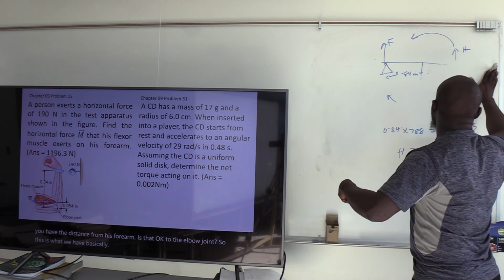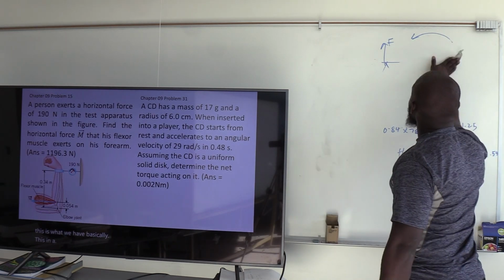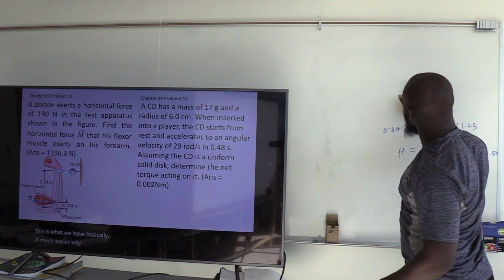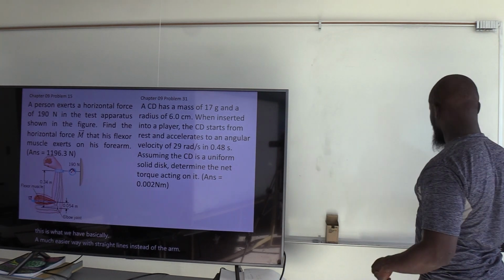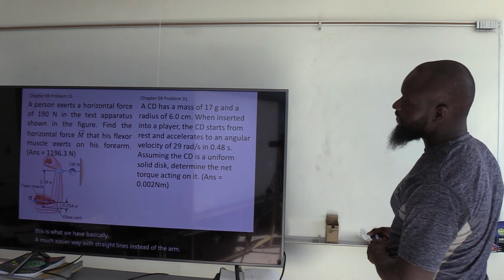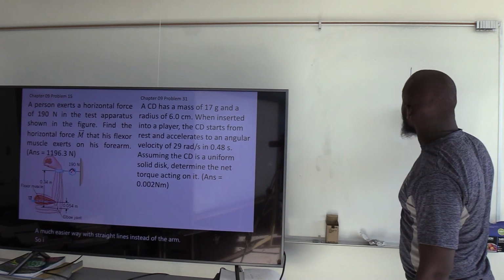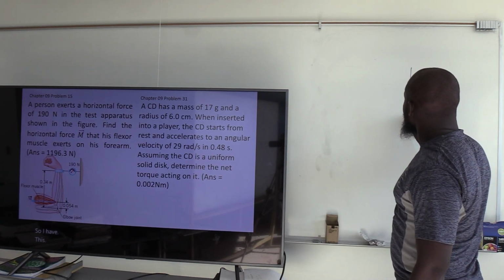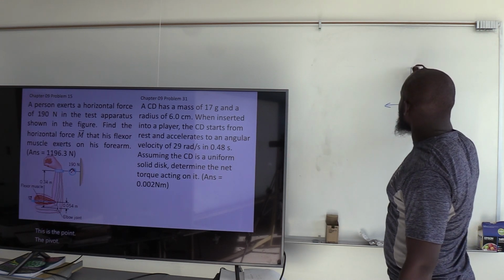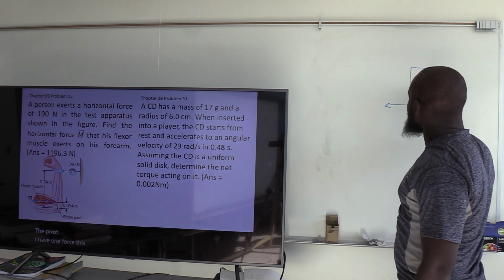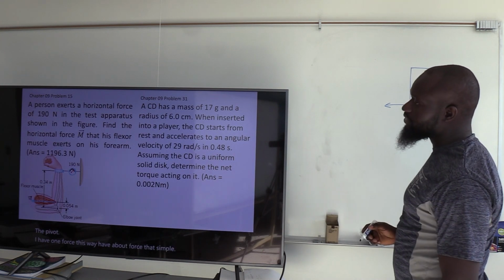I'm going to draw this in a much easier way with straight lines instead of the arm. So I have this, this is the pivot. I have one force this way, I have another force that way. Simple. This is what's going on.